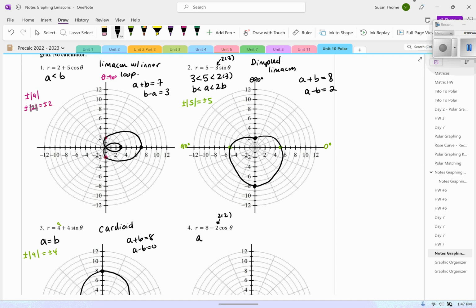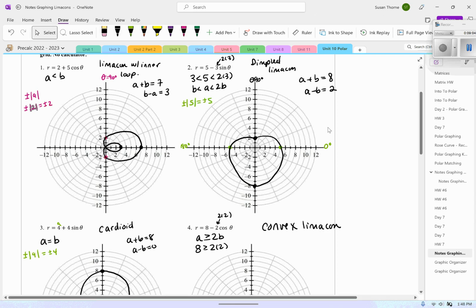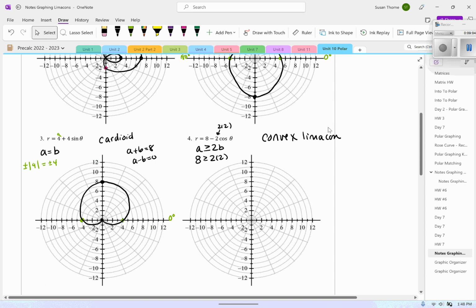So in this case, when your a value is greater than or equal to 2 times the b, and that's the absolute value of those, so 8 is greater than or equal to 2 times 2, which is 4, that tells us this is a convex limacon. So that means, what does convex mean? It looks like a flat circle.